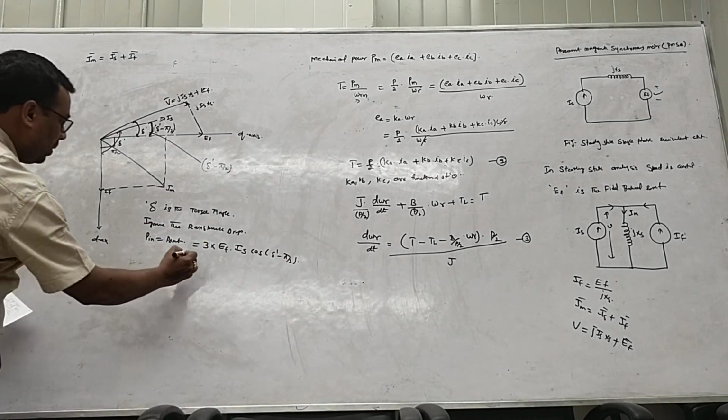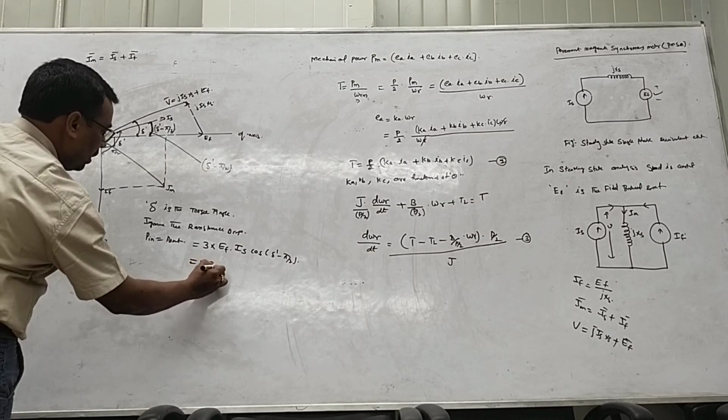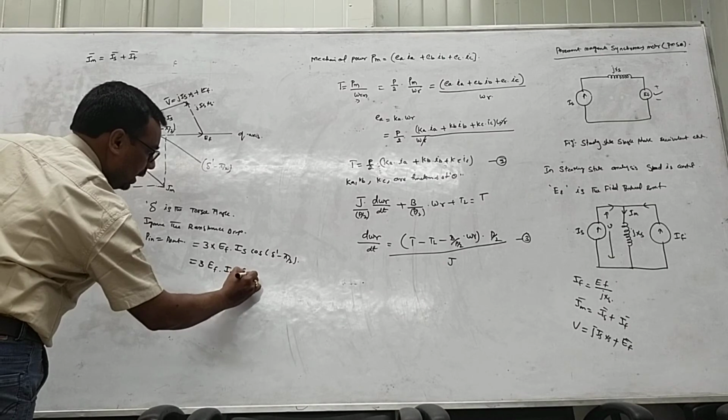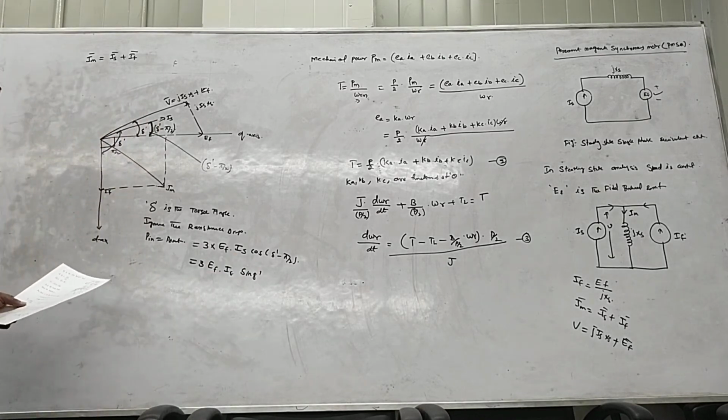So this can be represented as 3 into EF into IS into sine delta prime.